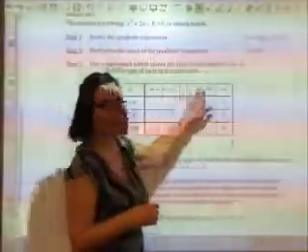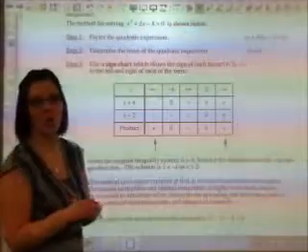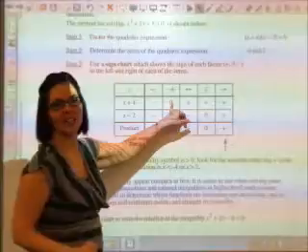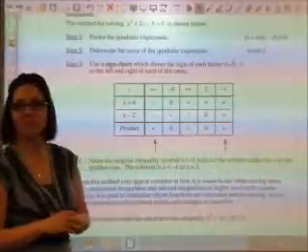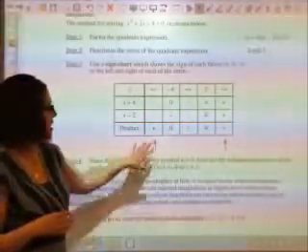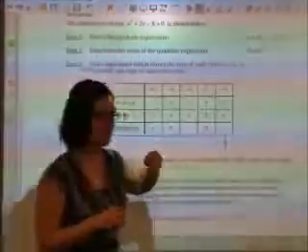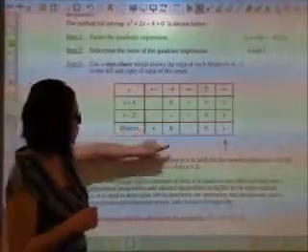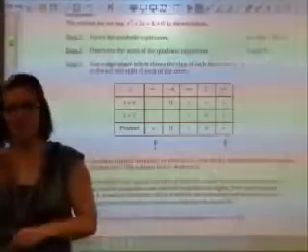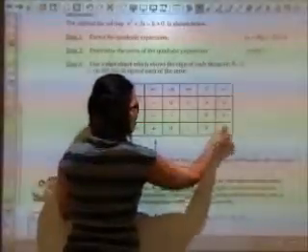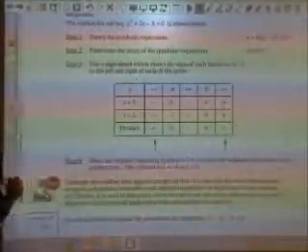Not to mention, if I put this in numerical order, it will always form a pattern: at the 0, everything to the right is positive, everything to the left becomes negative. Then when I look at my products, the inequality is greater than 0, so I'm looking for positive products, and there are my intervals: all the numbers that are less than negative 4, all the numbers that are greater than positive 2.